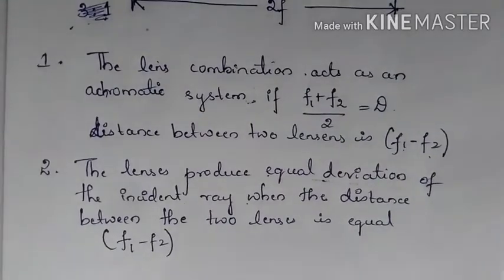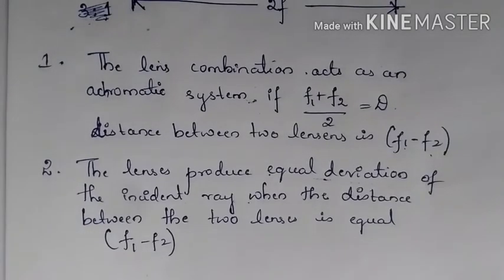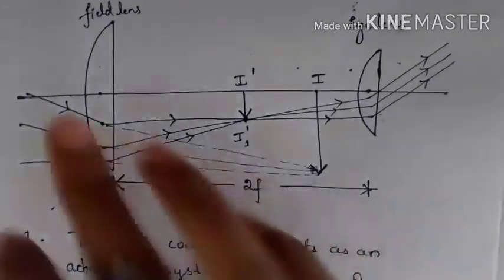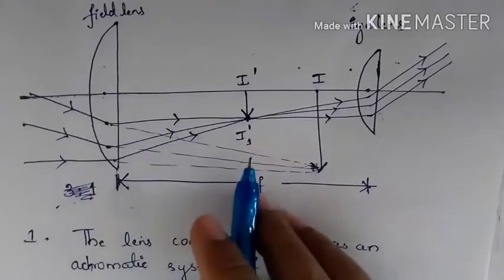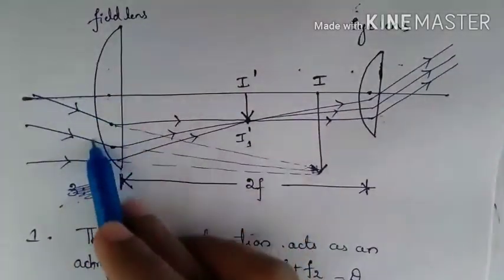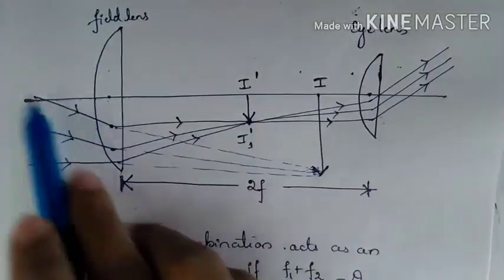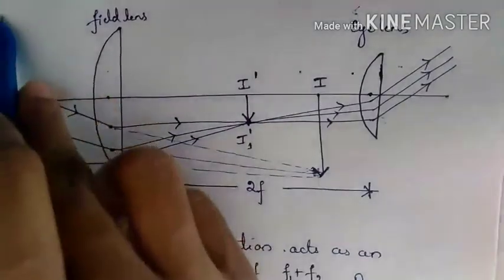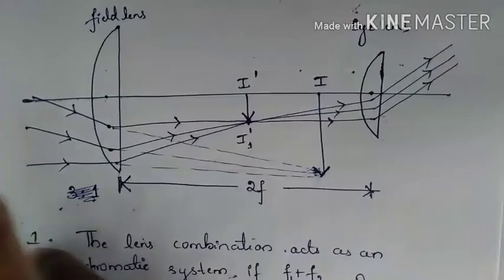So this field lens and eye lens which we have used here are the plano-convex lens, and the two lenses' curved faces are not facing each other. The curved face of the field lens is facing the incident rays, or the rays which are coming from the objective lens which is situated behind the field lens.